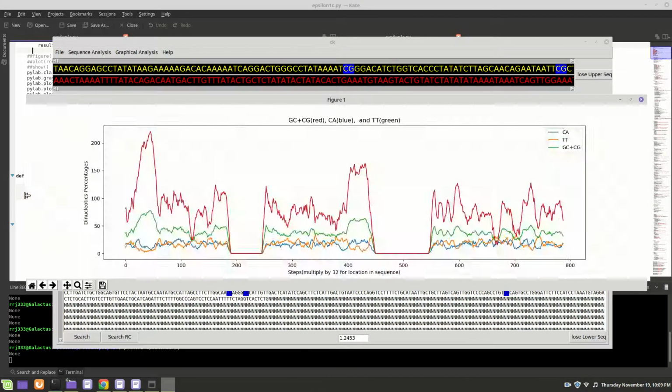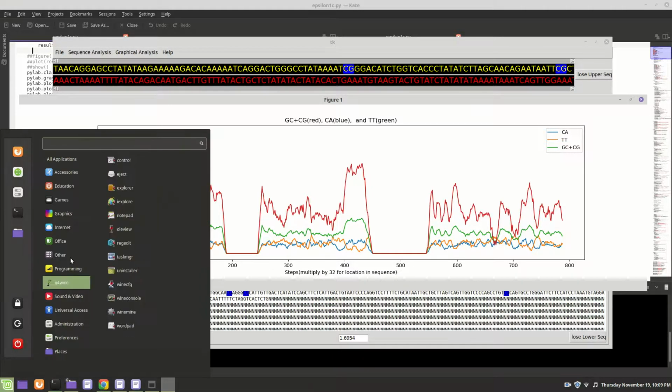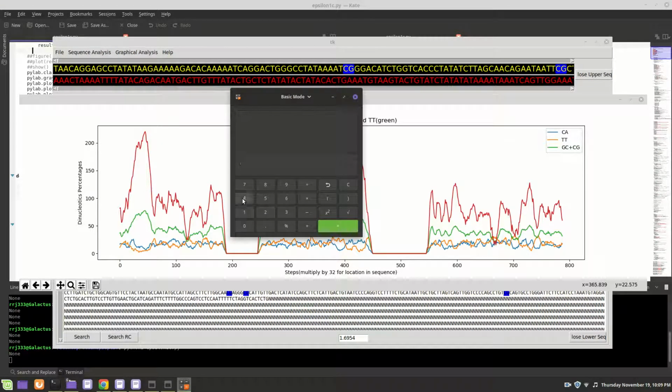There are two optimal numbers to put in. And now here, it's clear that it's right about here. And this one is at, what is that about? Right about here. 45. We'll just say 45 times 32. Let's see where that comes out as. Is it the same place? 45 times 32.